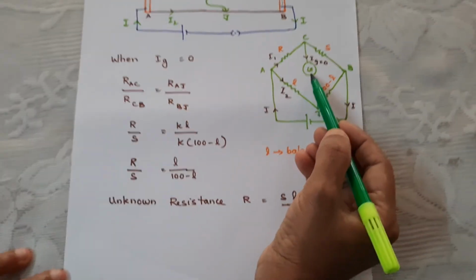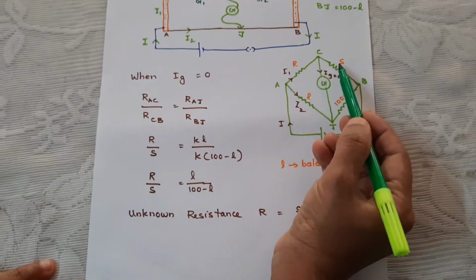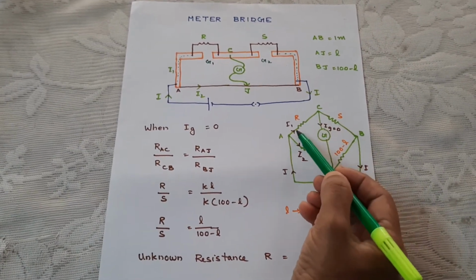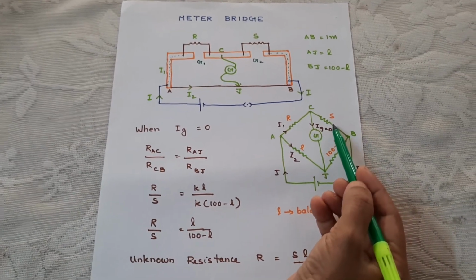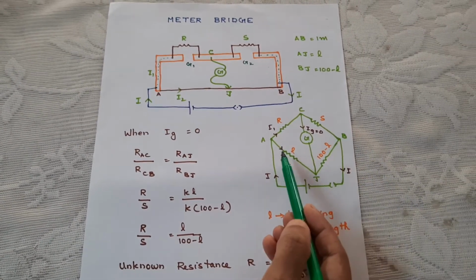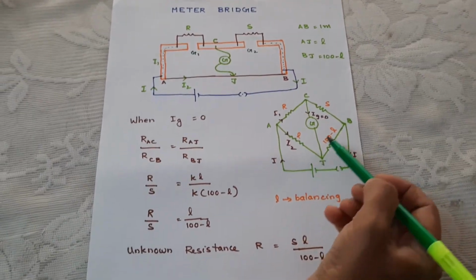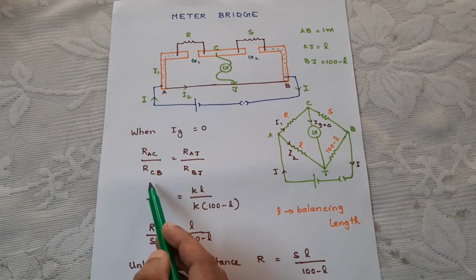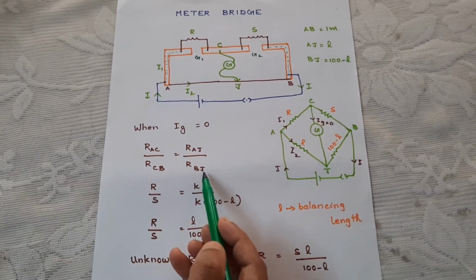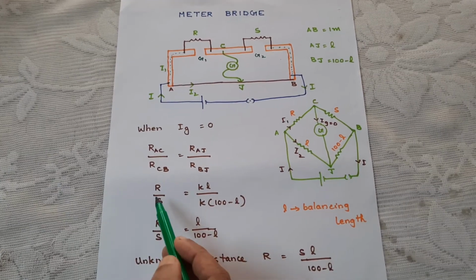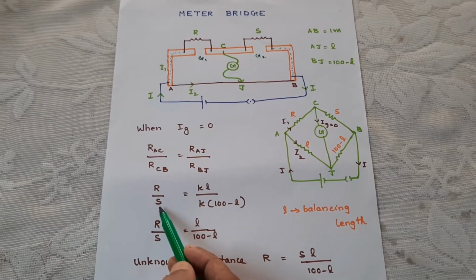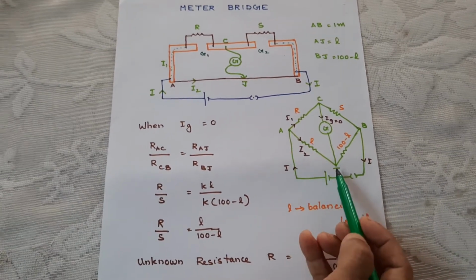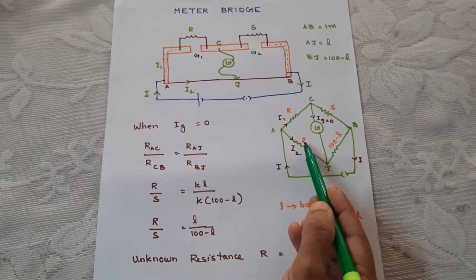When the galvanometer shows null deflection, the ratio of the resistors should be equal. That is, the resistance of AC by resistance of CB is equal to resistance of AJ by resistance of BJ. So this is the condition for a balanced bridge. So R by S is equal to resistance of AJ, that is directly proportional to the length.